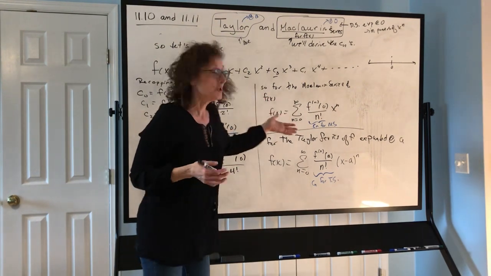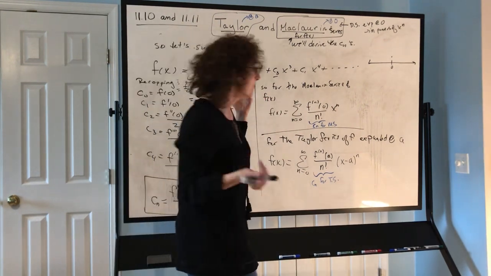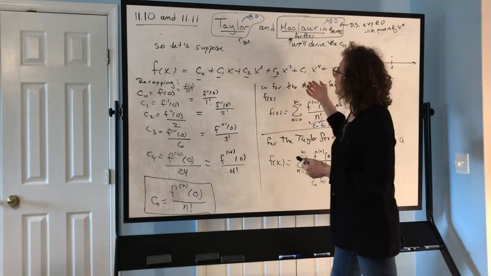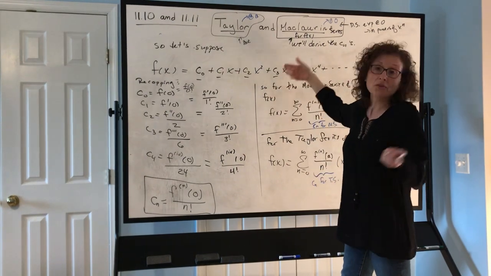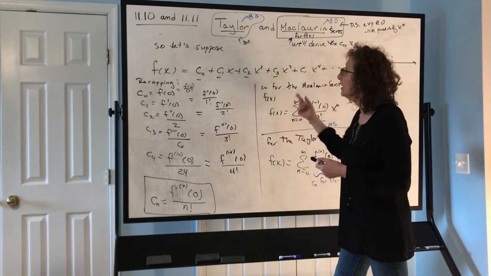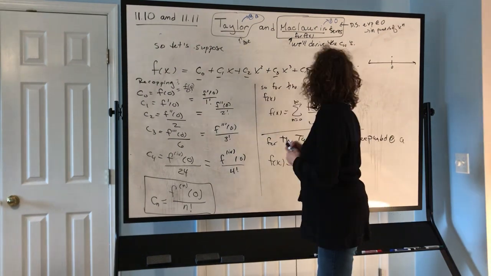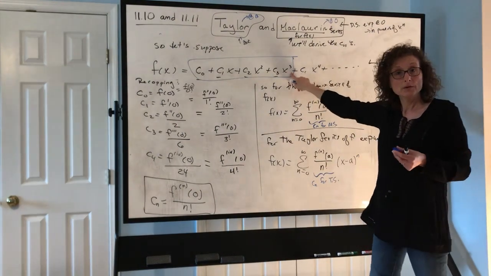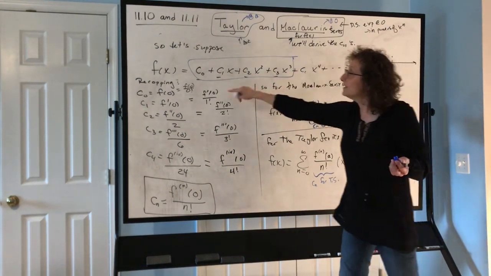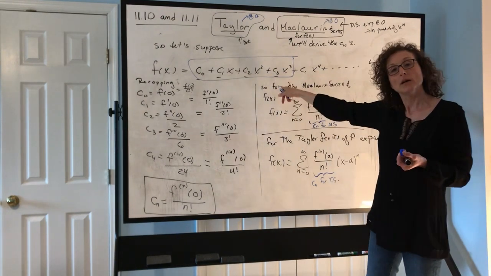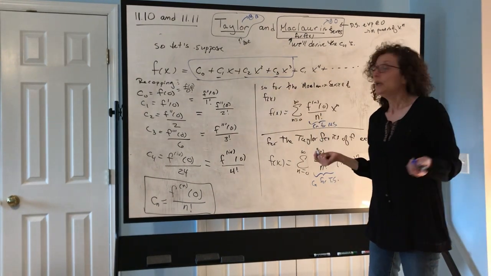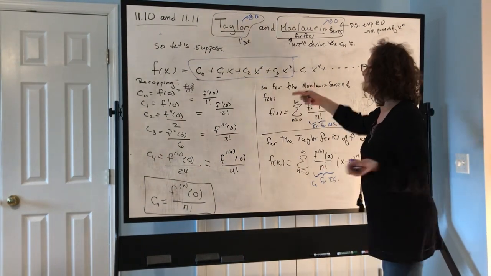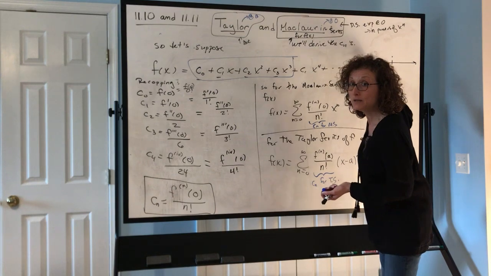Also notice if we just wanted to compute a Maclaurin or Taylor polynomial, if you were asked to compute the third degree Taylor polynomial for a function f, then it would be up through the third order coefficient. So you would just need to determine c0, c1, c2, and c3. So that's simpler. A polynomial is a finite degree. A series is infinitely many. Does that make sense?